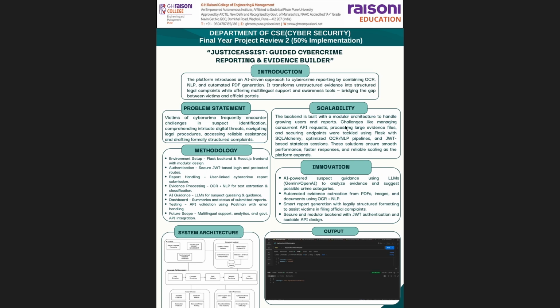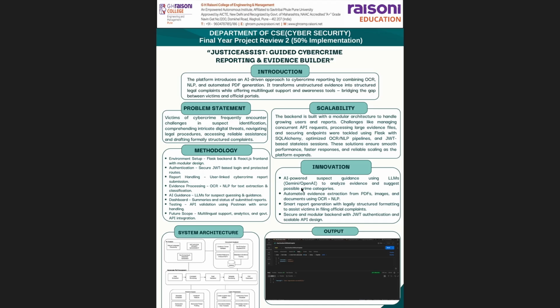Let us discuss scalability. The poster also shows our modular backend architecture that handles concurrent users, heavy evidence files, and parallel AI processing. Solutions like SQLAlchemy, optimized OCR pipelines, and JWT-based sessions ensure long-term scalability and smooth performance.